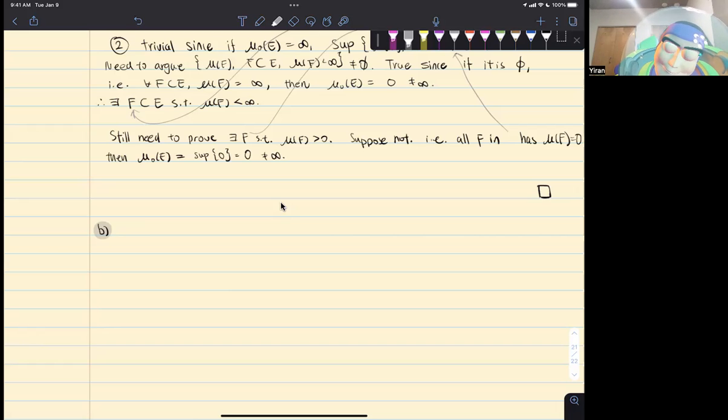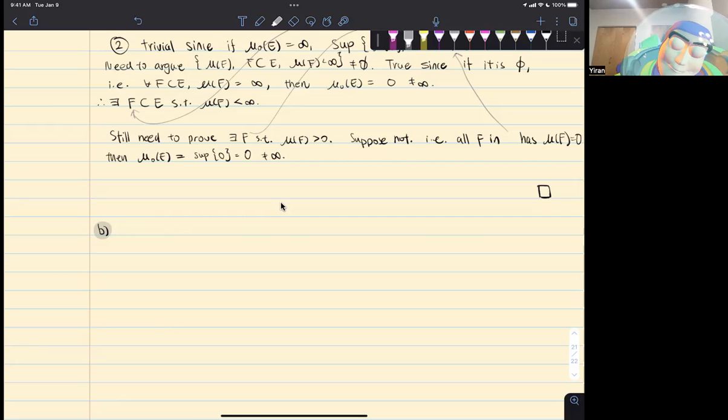So notice that here mu of Tj is finite, because each Ej is finite and they are disjoint.